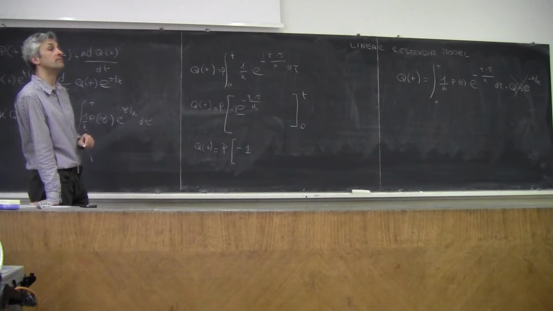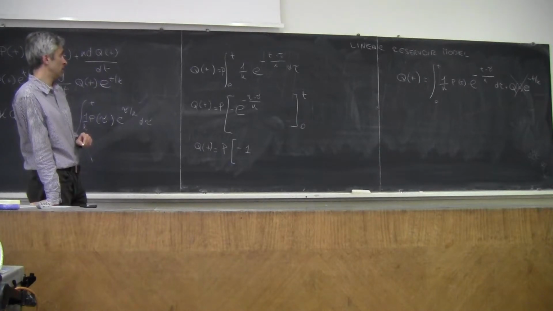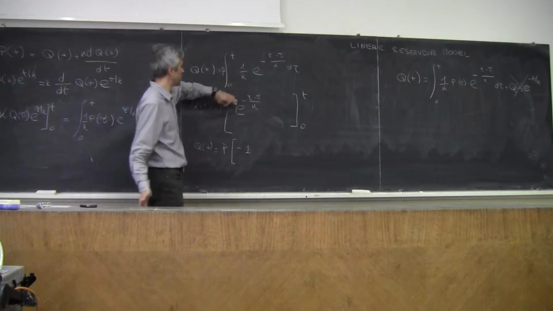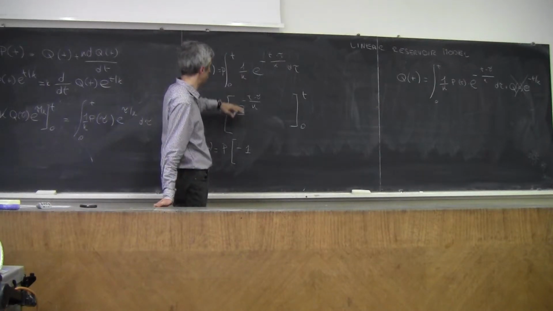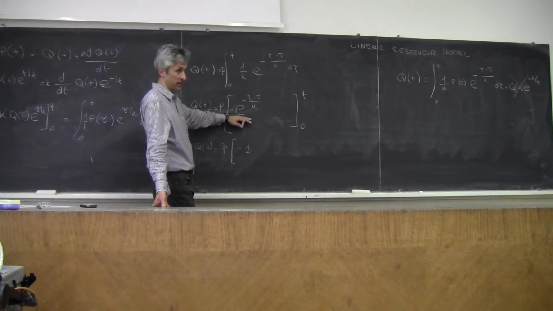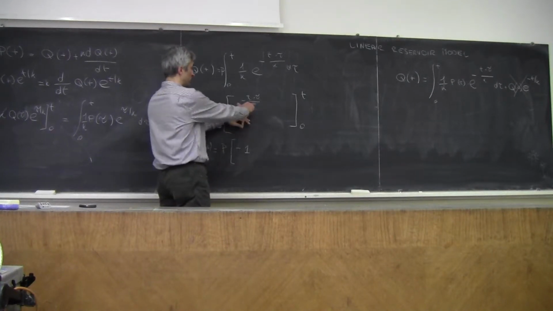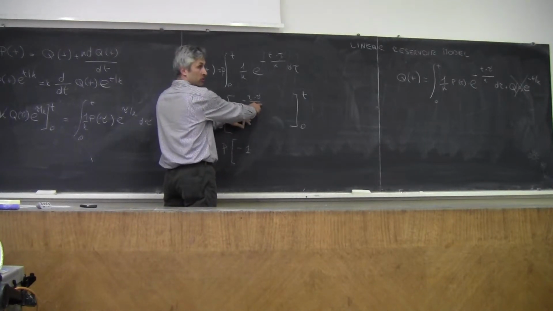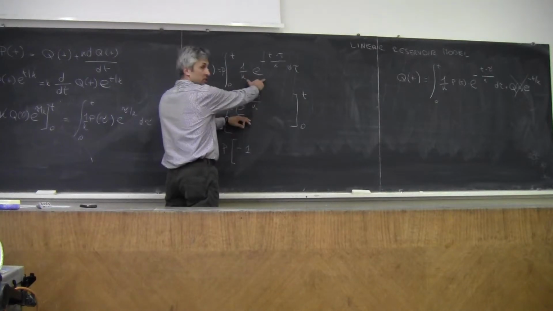Sorry? Why has the term 1 over k disappeared? Yeah, because basically it disappears because if you compute the derivative of this term, you basically get the same term, e to the power of minus (t minus tau) over k with the negative sign, which is here.